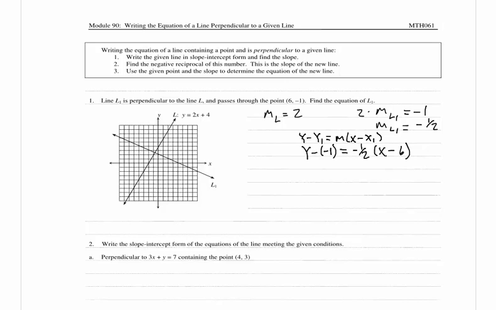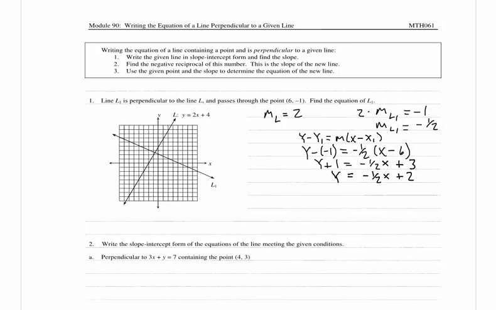And y minus y1 is y plus 1, and that's equal to -1/2 x. And -1/2 times -6 is +3.